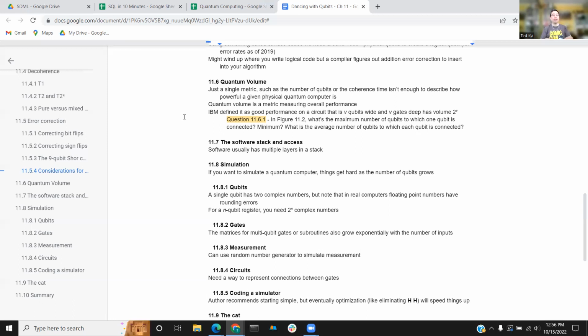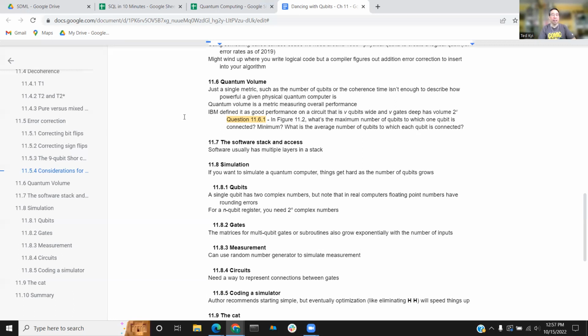If you can do 8 by 8, then you get to claim 2 to the 8. What is that? 64. I don't know how you demonstrate what's good for a V by V circuit, but at least that gives you the idea.